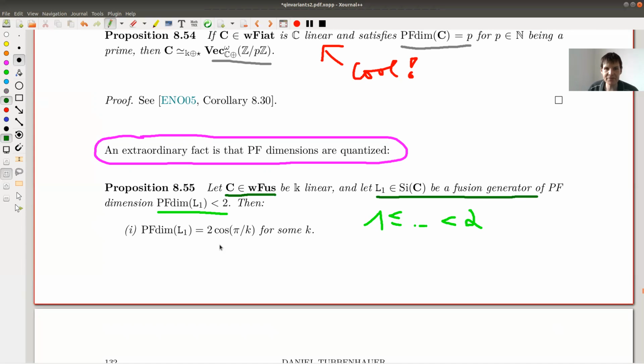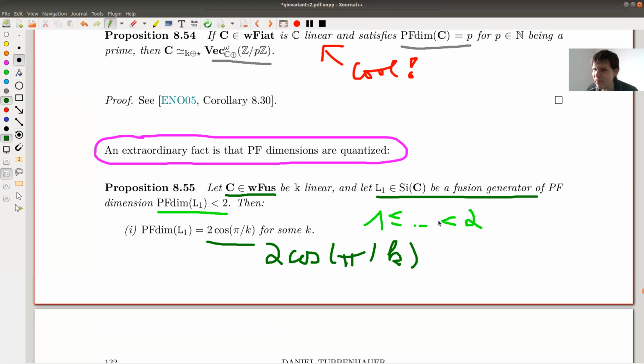Namely, the PF dimensions are always those that I've shown you above, so it's 2 cosine pi over k. This should already tell you that probably the associated fusion categories are the Verlinde categories that I showed you above, and yes, this will be the answer. But for now, just the possible Perron-Frobenius dimensions between 1 and 2.